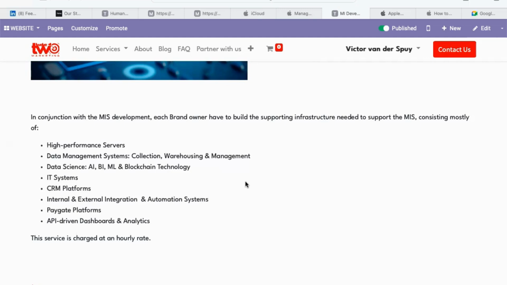Then data science platforms that involve AI, BI, which is artificial intelligence, business intelligence, machine learning, and blockchain technology. IT systems, CRM platforms, ERP systems, right? Internal, external integrations, backend platforms, APIs, dashboard analytics, AI.